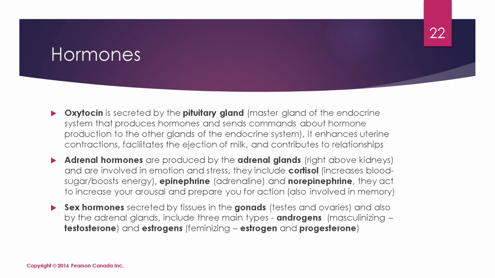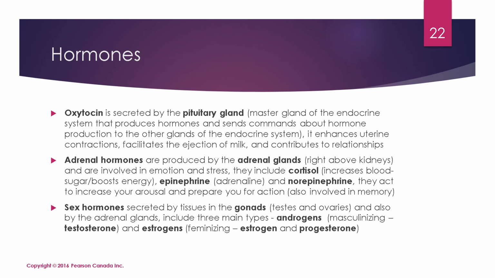We also talk a lot about oxytocin. Oxytocin is primarily implicated in attachment. It's secreted by the pituitary gland, which is the master gland of the endocrine system, also located within your brain. It produces hormones and sends commands about hormone production to the other glands of the endocrine system.